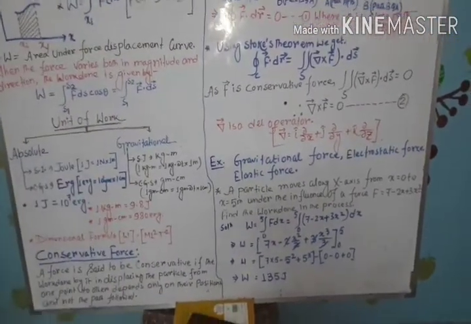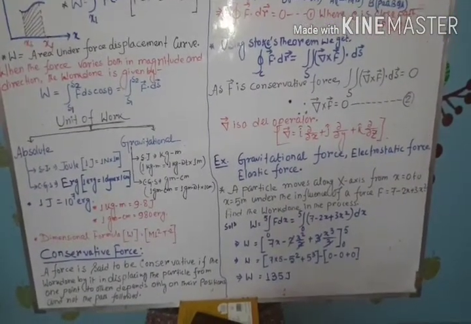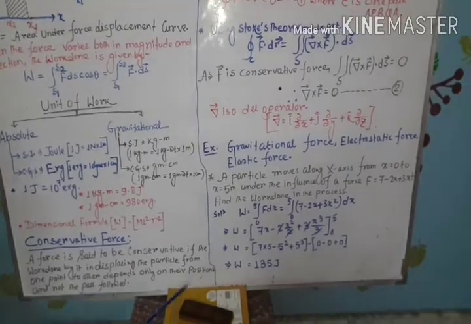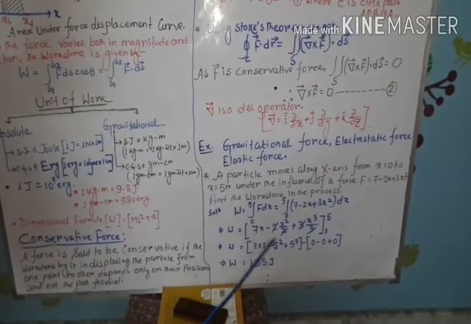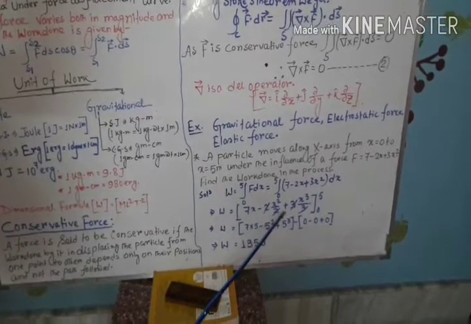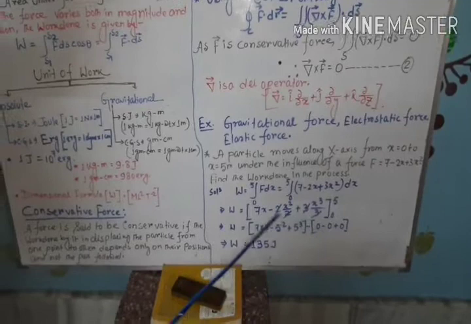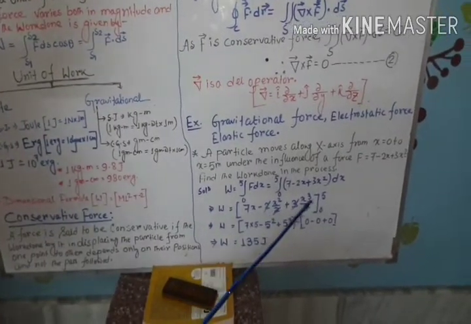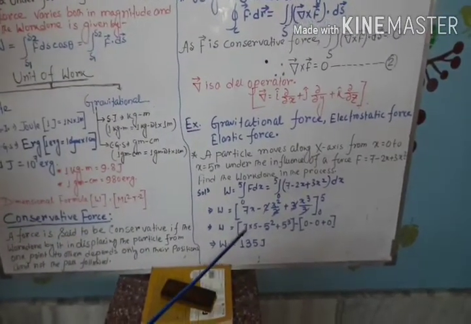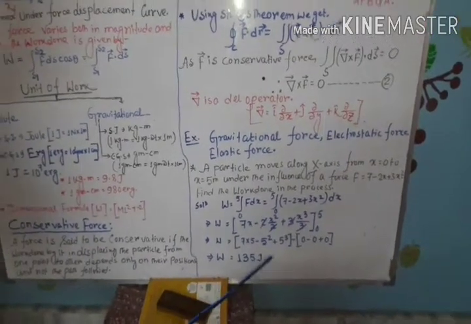First you have to put the upper limit, then a minus sign, then you put the lower limit. Therefore W equals, with upper limit 5, 7 into 5 minus 5 square plus 5 cube, minus the lower limit, which is 0, so this is 0, this is 0, this is also 0. After calculating this, we get W equal to 135 joule.